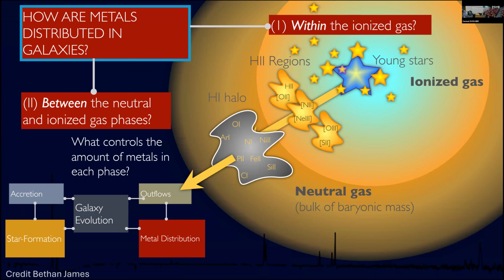Just to introduce the concept of multi-phase gas that I will be talking about throughout the talk. Nearby the star-forming regions, we have very massive stars that ionize the gas around. So we have elements in very highly ionized states nearby those regions.